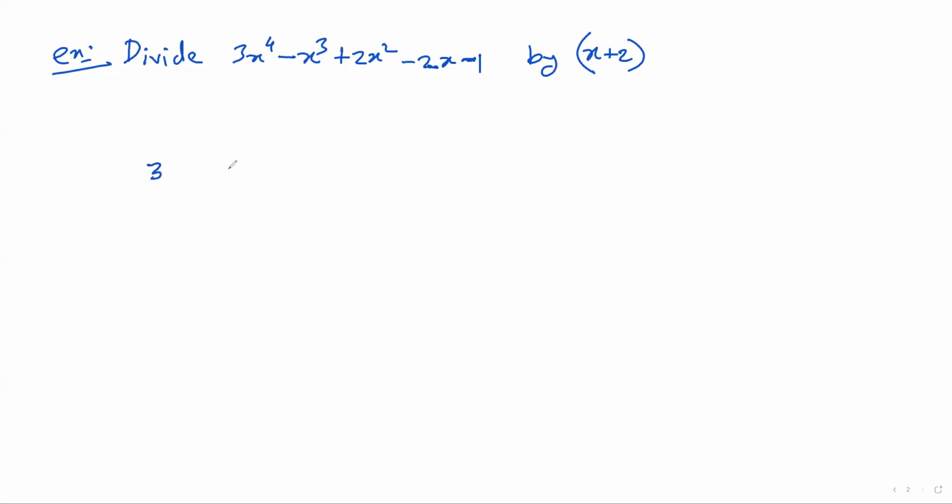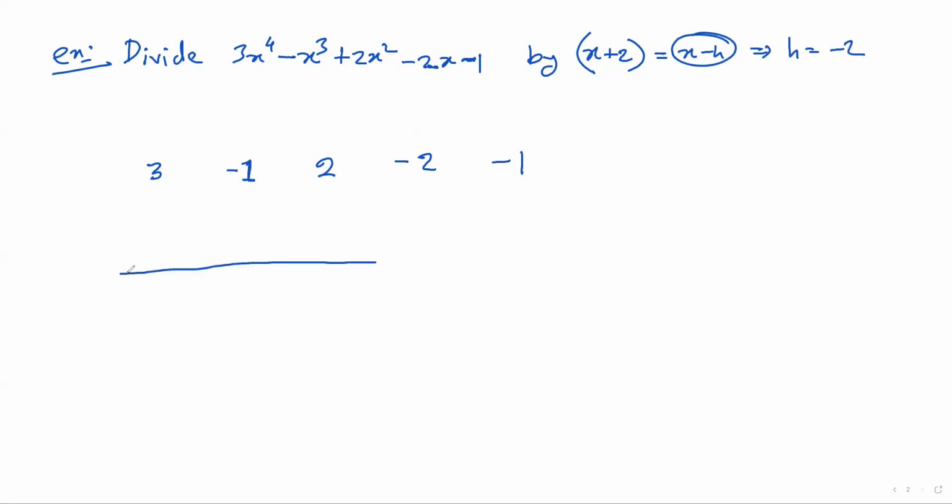Write the coefficients sequentially: 3, minus 1, then 2, then minus 2, then minus 1. What we do next, what is h here? Consider this term, compare it with x minus h, so we have h equals minus 2. We wrote the AI column, now we write the PI column.